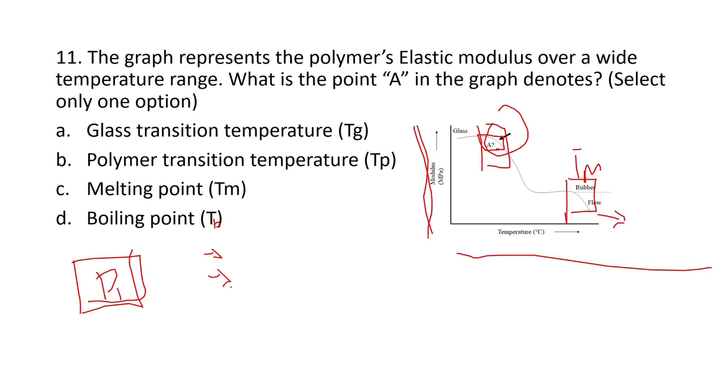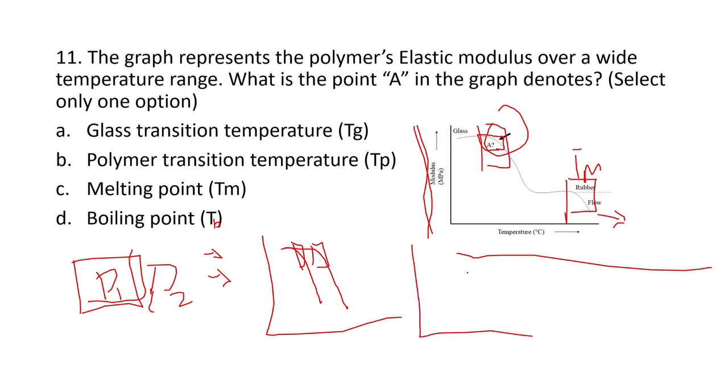Another reason is this. You are using two polymers, same example, polymer P1 and polymer P2. Both these polymers will have two different glass transition temperatures. When you blend these polymers together and prepare one particular scaffold or hydrogel material, that hydrogel material as a whole will have a different TG, glass transition temperature.